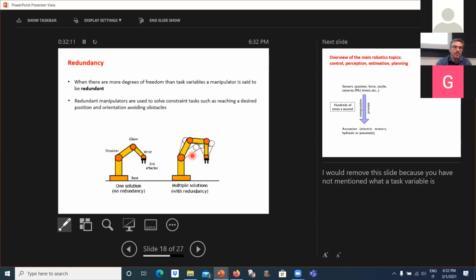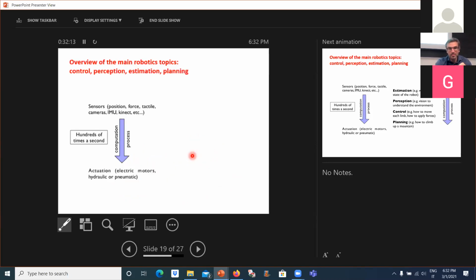Then the main robotics topics are mainly control, perception, estimation, and planning. So we get the sensor input in a very short time, because the robot control needs to be reactive, in a millisecond, in 100 milliseconds, or a few milliseconds, depending.